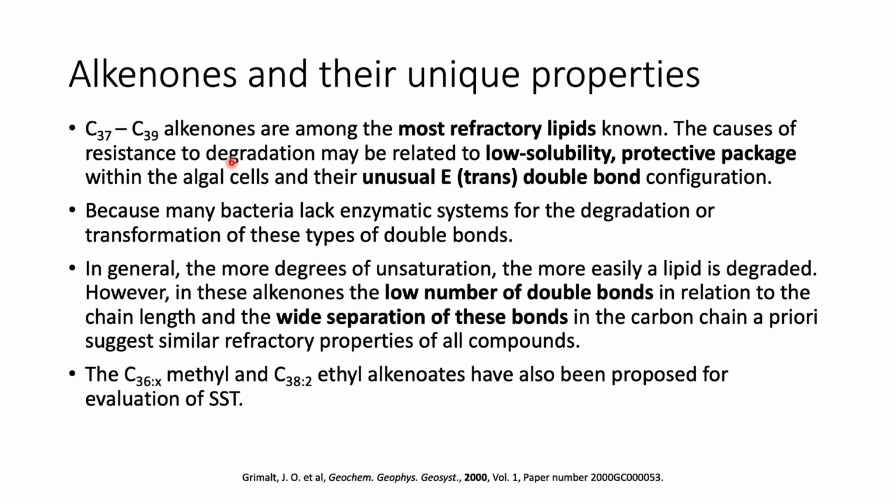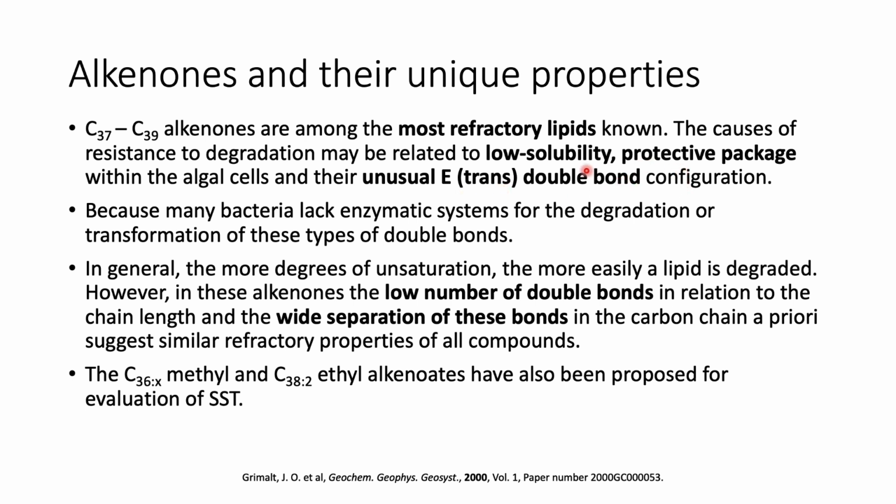So what are the unique properties of this alkenone? These C37 to C39 alkenones are the most refractory lipids known, and the cause of resistance to degradation may be that they are poorly soluble in lipids, or maybe the protective packaging within algal cells, and their unusual trans double bond configuration.